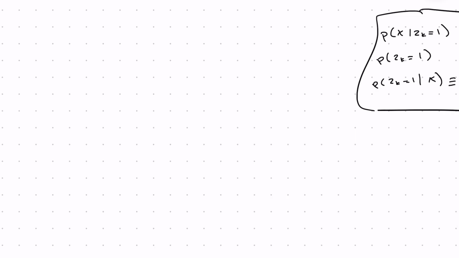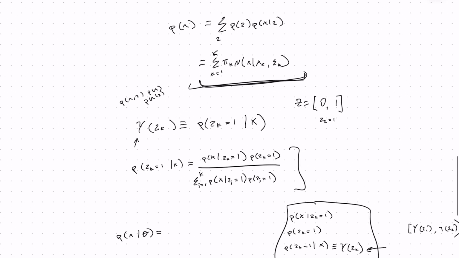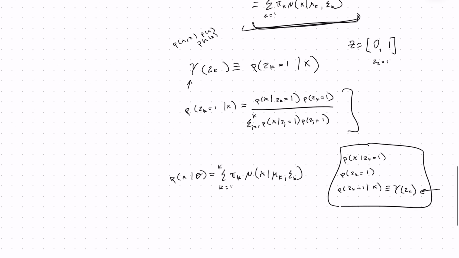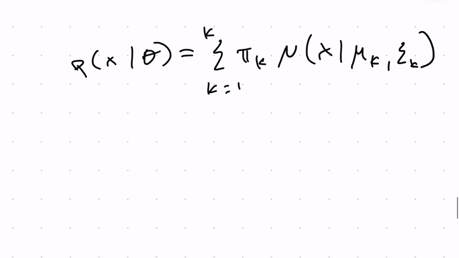Now you could think, okay, we have the probability of x for one data point given the parameters, which is this, the sum over k equals 1 to K of the prior times the Gaussian. So it's very tempting to say, okay, this is the likelihood for one data point.